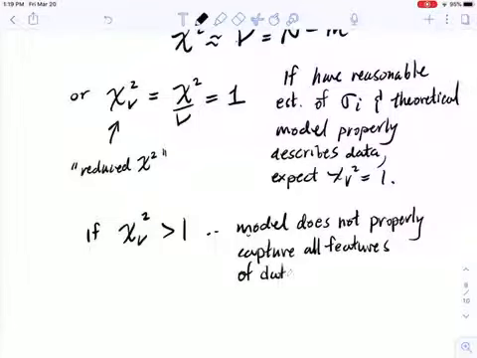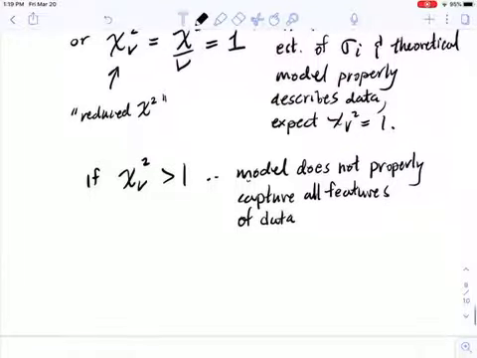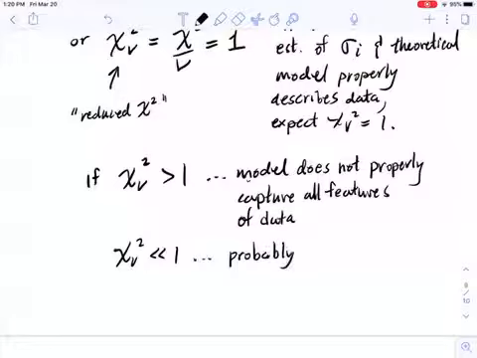So the model is inadequate or incomplete. If chi nu squared is much less than 1, we've probably overestimated the uncertainty sigma_i.